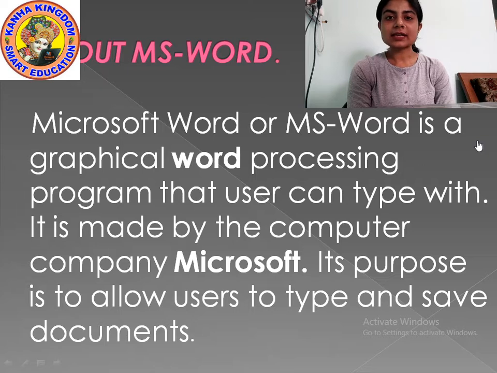It is made by the computer company Microsoft. And what is its purpose? Its purpose is to allow users to type and save documents. Any kind of official document or study document that you want to type and save, you can do it in the MS Word program.